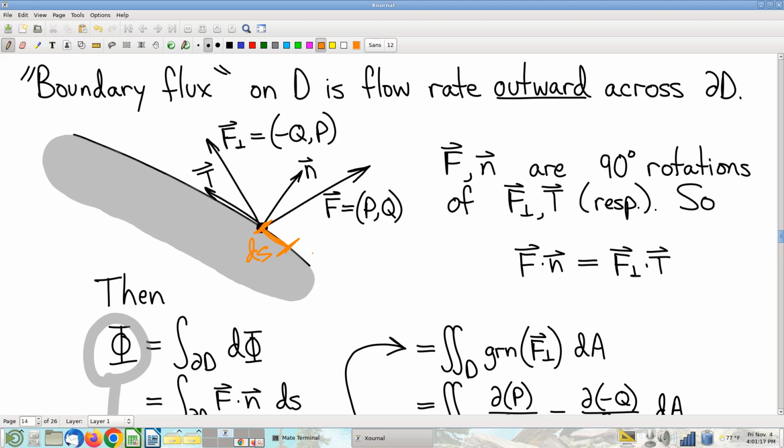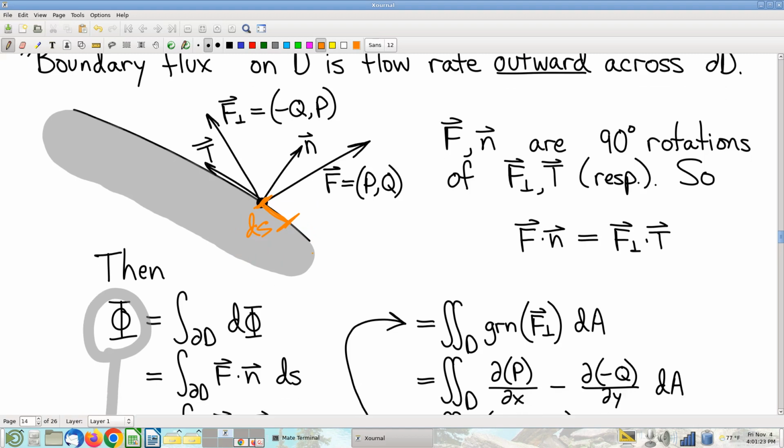Let's apply the boundary flux formula to this little piece ds. And our flux is that right there. So F dot n times the length of the piece of curve, and the length is ds.